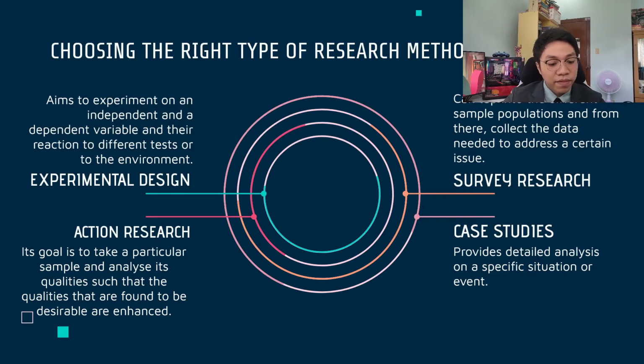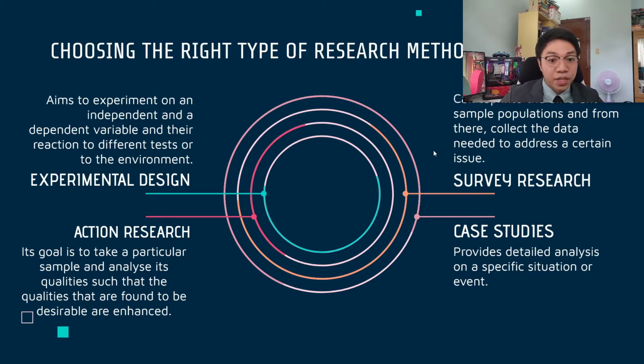So this differs from an experimental design, because in the experimental design, your goal is to simply determine what its effects are to a certain variable. However, in action research, you're looking for a desirable trait, and you're finding ways to replicate and improve that trait as you do the research further.